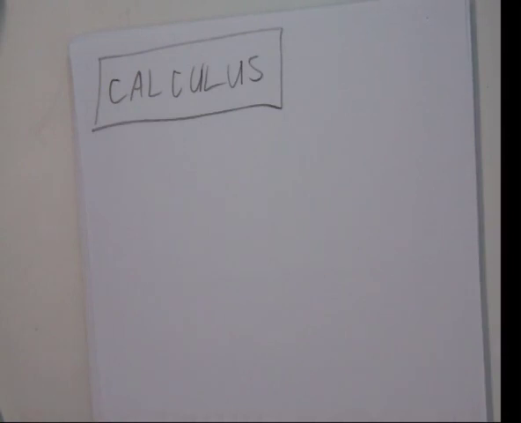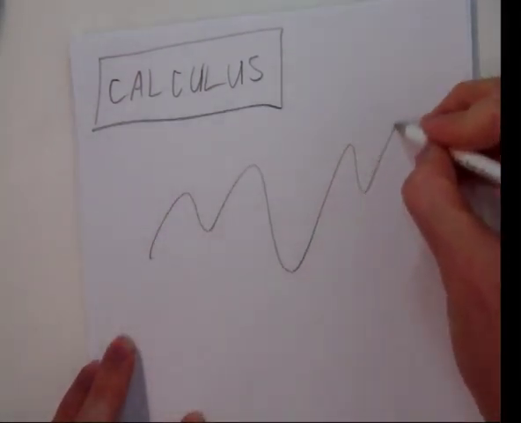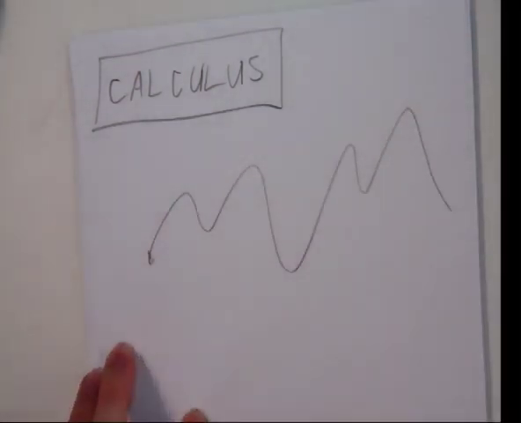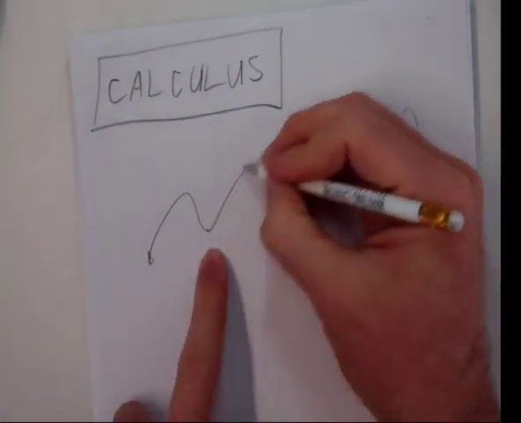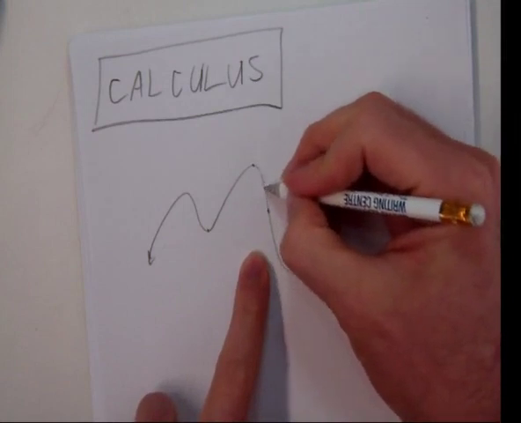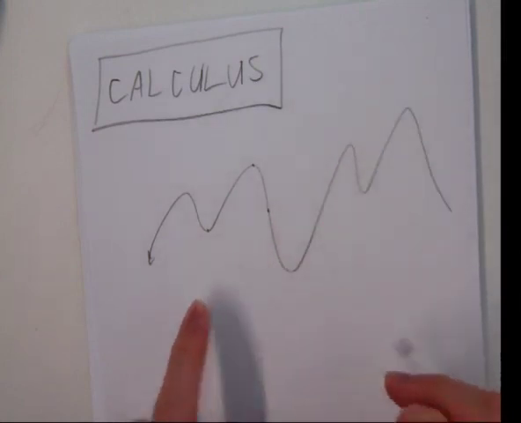Okay, so it finds out information about functions such as where the turning points are. Calculus can help us when we know the formula for a function. We can figure out what these turning points are. We can figure out what these places here are called inflection points.